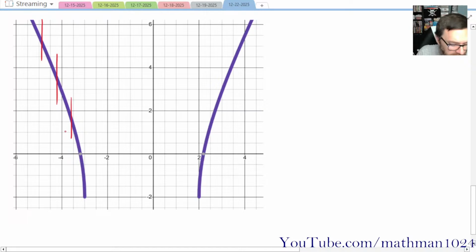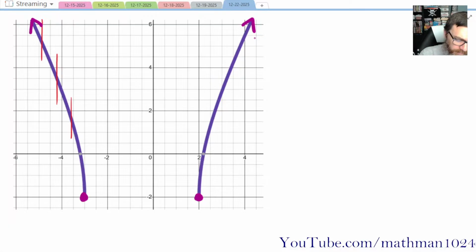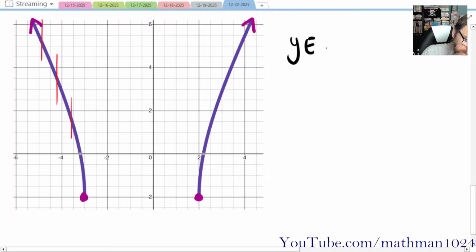Now it looks kind of iffy the closer I get to this particular x value down here, but I'm going to let you know that if we were to zoom in, this is going to be a function. In fact, what this graph is doing is that it's going to come to a clear point here and here at the bottoms, but it is going to be opening up and out if you were to keep zooming out of this graph. But this is going to pass the vertical line test. So yes, this is a function.